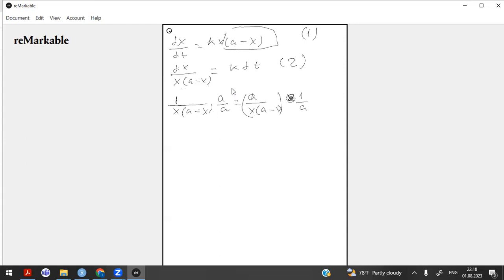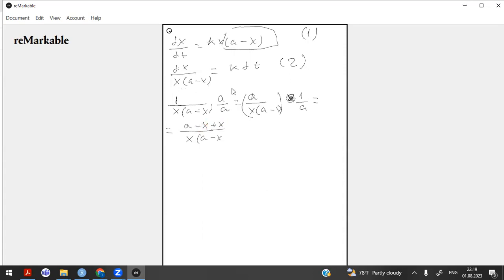Now we should do another algebraic trick. We can add and subtract x in the numerator, because nothing will change. The denominator does not change, a - x. Since we are subtracting and then adding, it will change nothing.